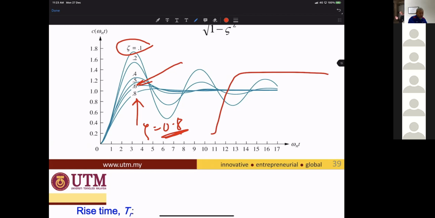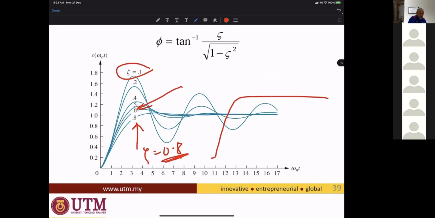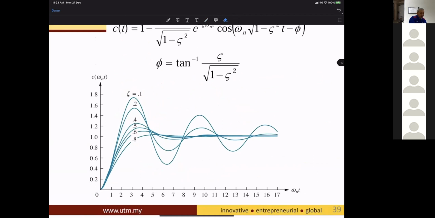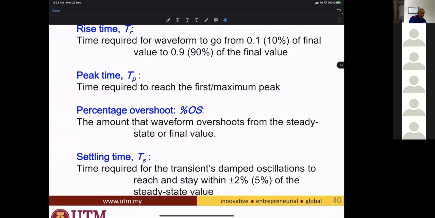Compare with the real data. Compare with the standard second order graph, then you can estimate the zeta. It's not wrong if you estimate zeta 0.7, 0.8, 0.75, and so on, because you need to get a zeta value so that you can insert it in the model structure.